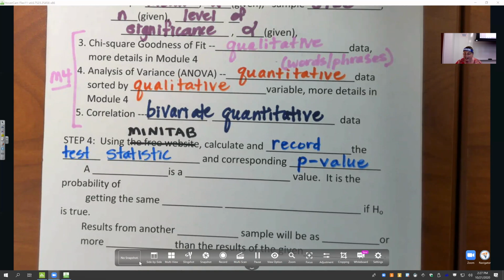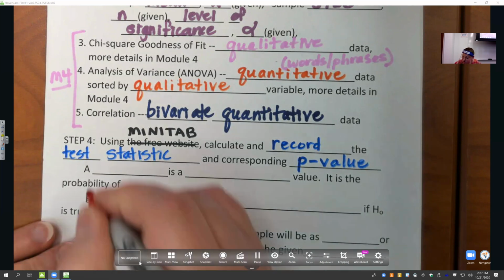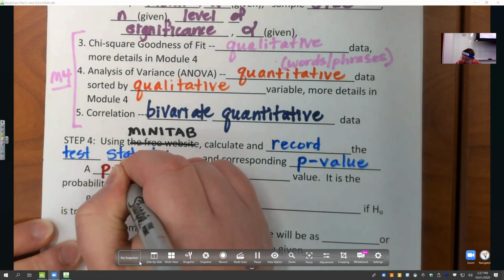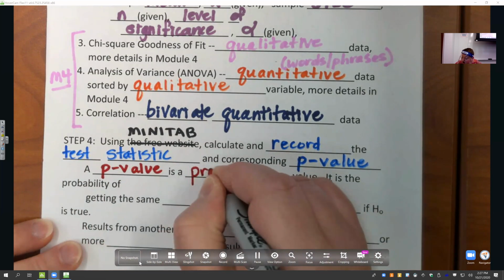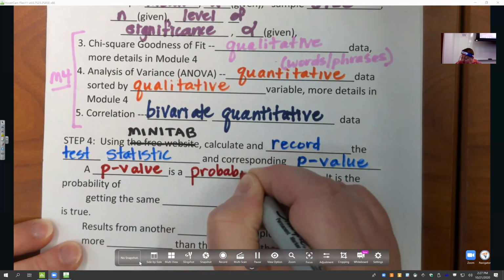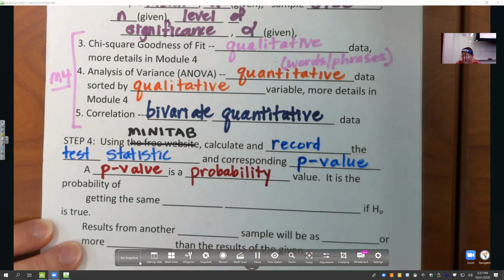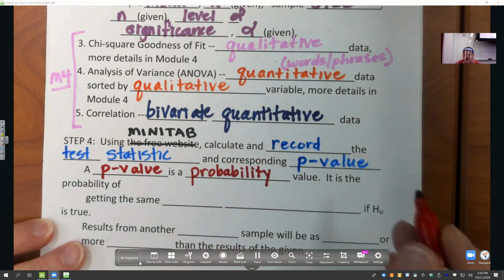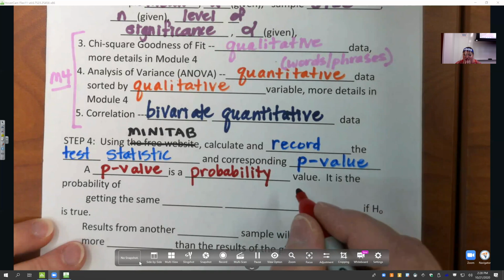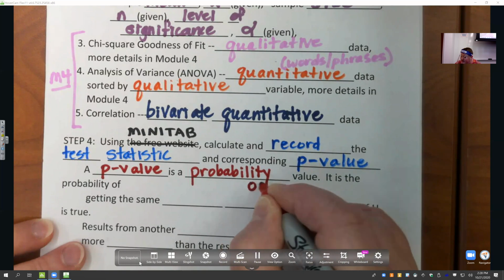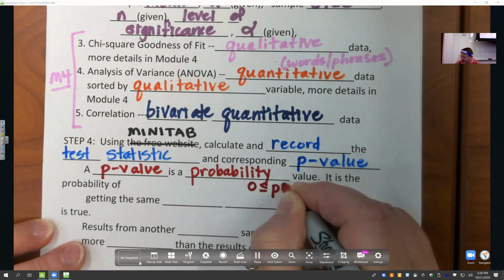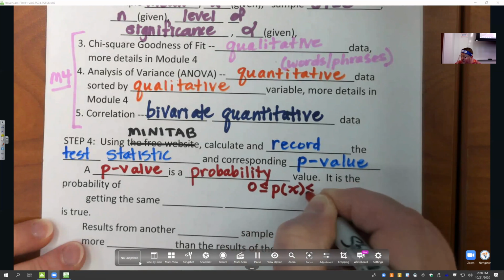Let's talk for a minute about the p-value. P-value is an abbreviation for the phrase probability value. So the p-value represents a probability. Now, one thing I want you to remember, because a lot of you seem to forget this, is that probabilities are between 0 and 1.